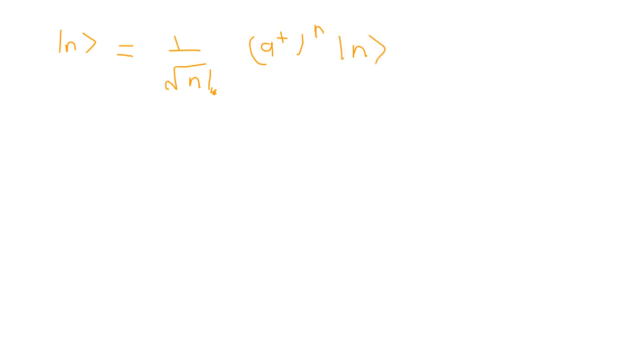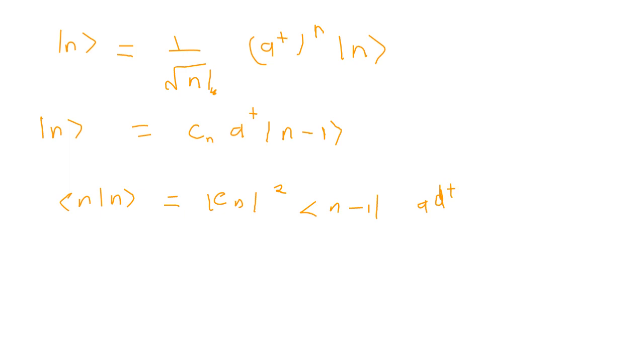This relation comes because to obtain this nth state, you applied a dagger on the n minus 1 state, maybe with some c number, which you can call cn. And you know that for the harmonic oscillator the state n is normalized, so this gives you cn squared times n minus 1 a a dagger n minus 1, and that acting there gives you something proportional to n.